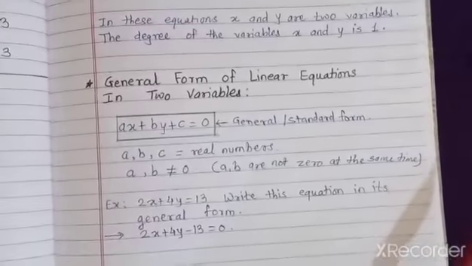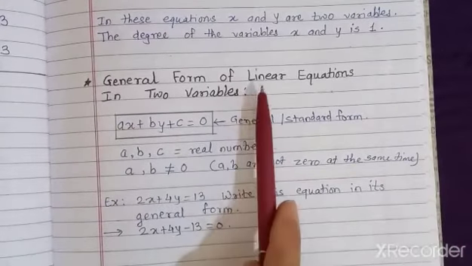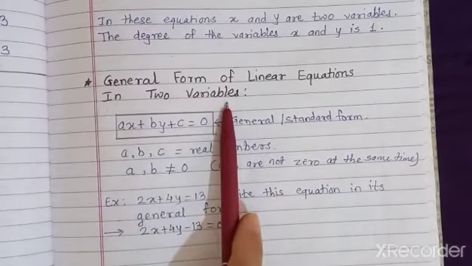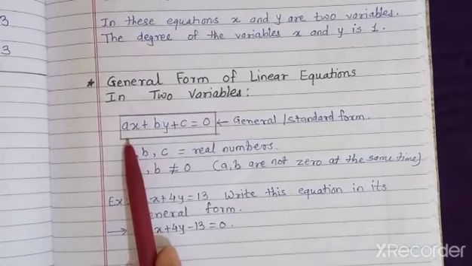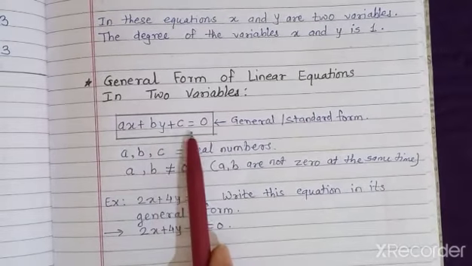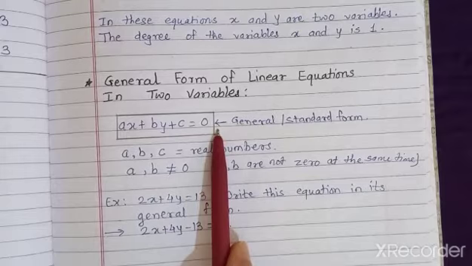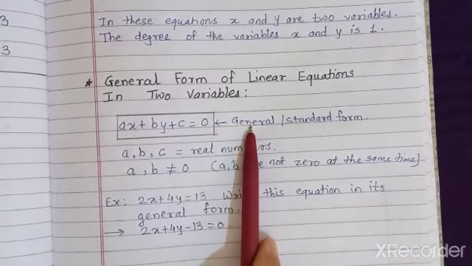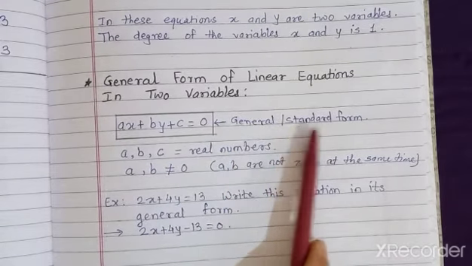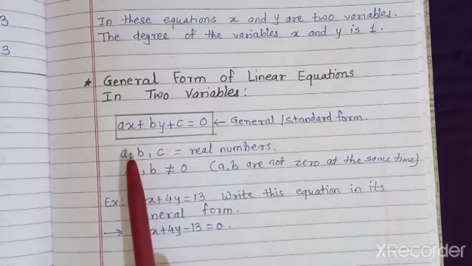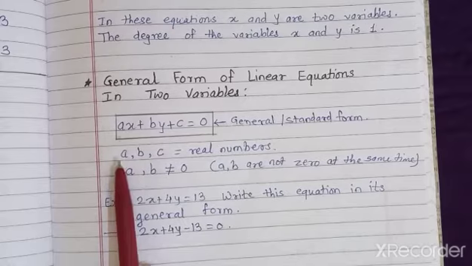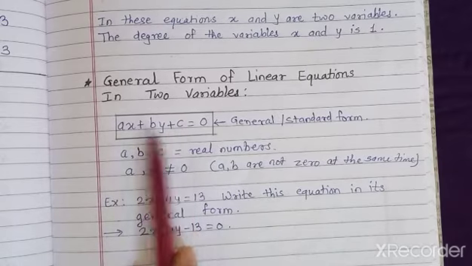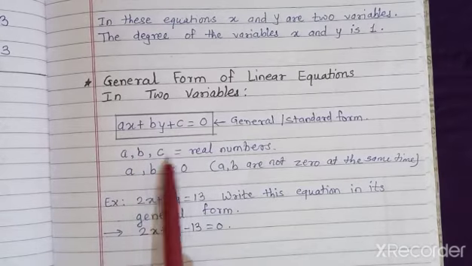Now let us see the general form of linear equations in two variables. ax plus by plus c is equal to 0 is the general form, also called the standard form, of linear equations in two variables. Here a, b and c are real numbers.